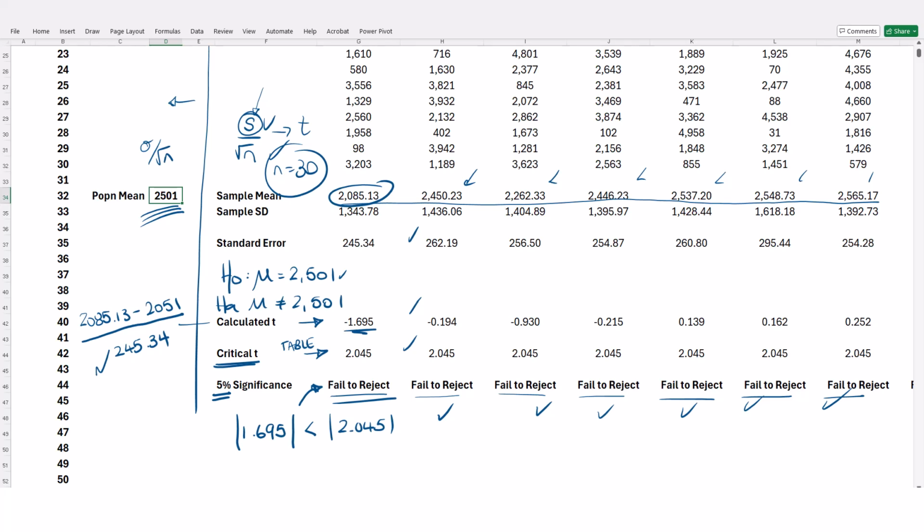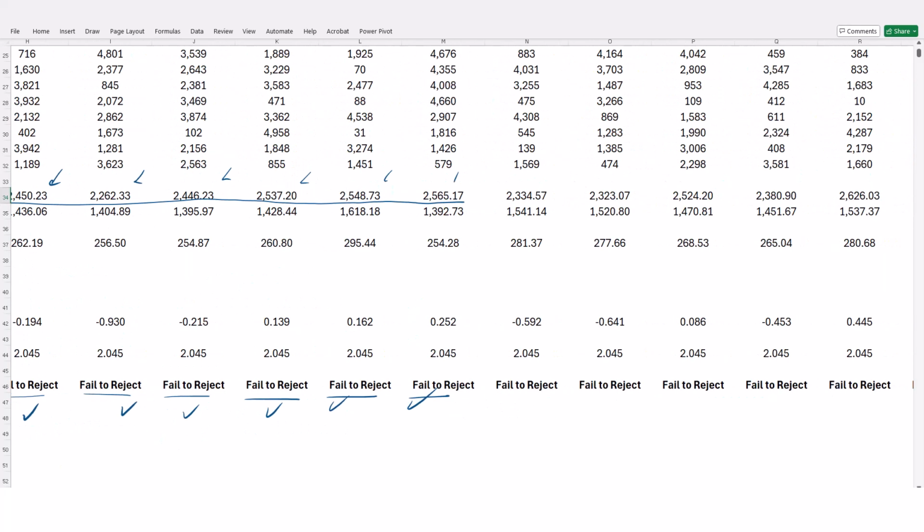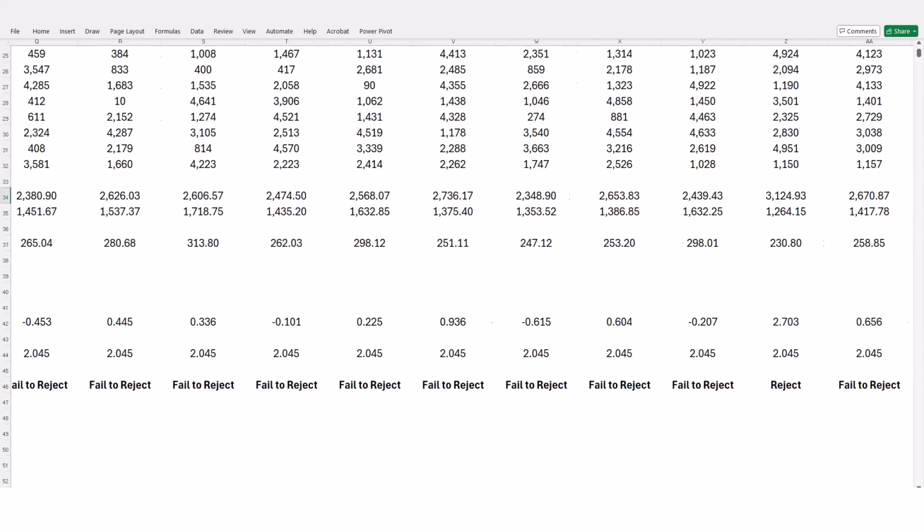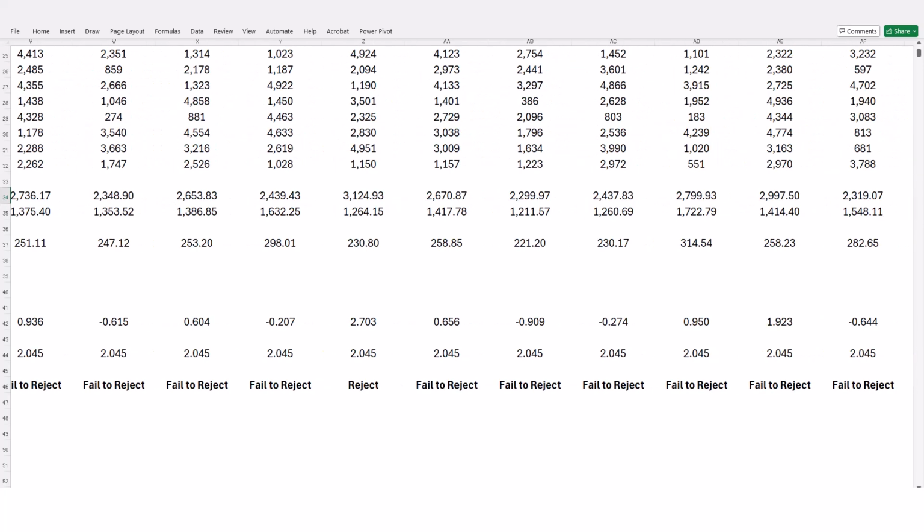But if we keep going, you'll see we do fail to reject with almost all of these samples, except finally here, this is a random sample of 30 taken from the population of 1 through 5001, but it gave us a calculated t of 2.703. The critical was 2.045.